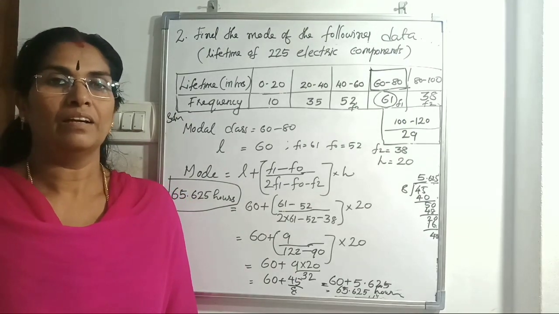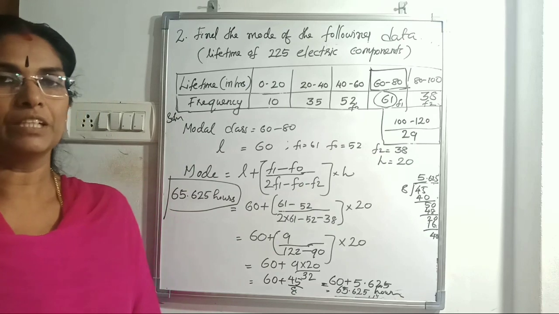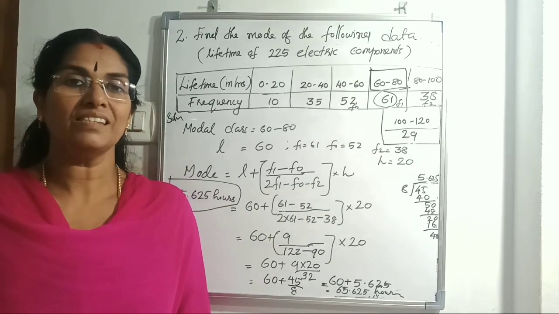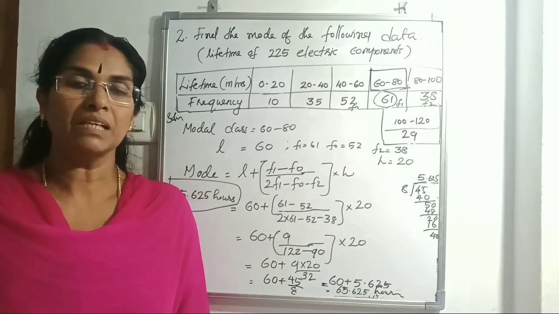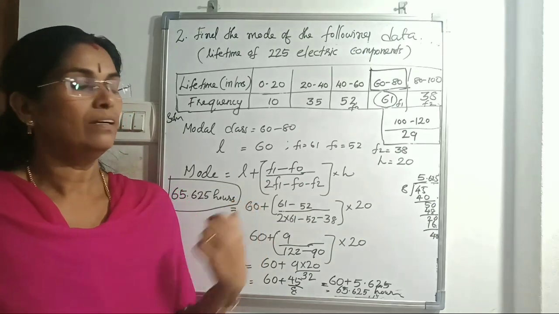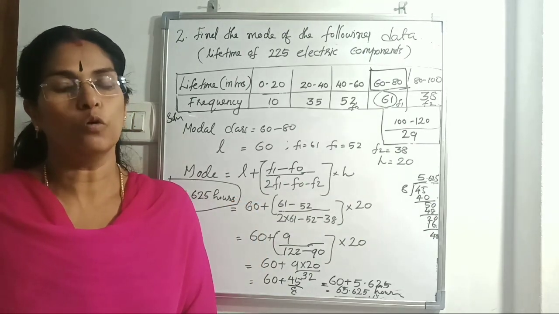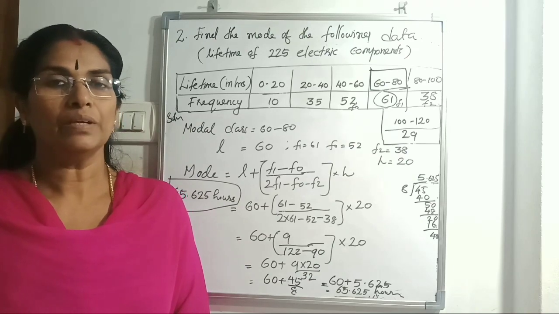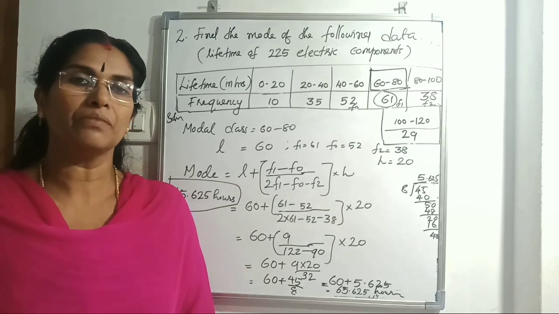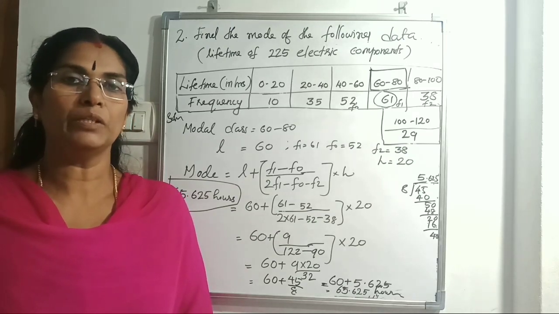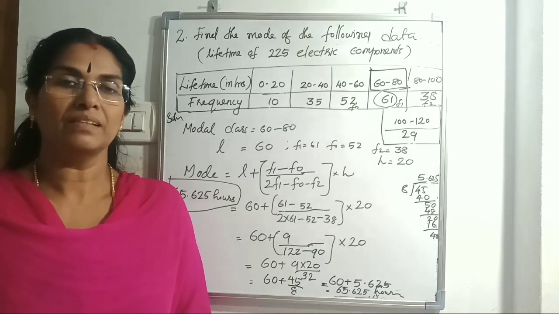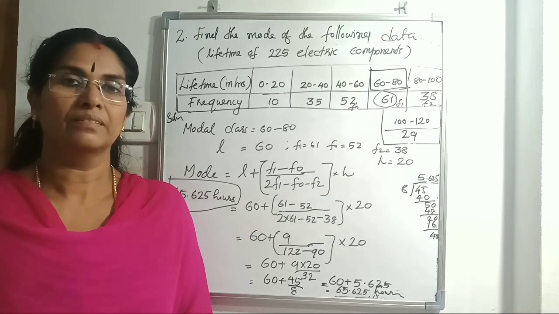Mode is also a very simple topic. What we learned today is finding one missing frequency using mean, and another concept, mode. Mode is equal to L plus (f1 minus f0) divided by (2 f1 minus f0 minus f2), whole into h. Study well and practice all this. Thank you students.